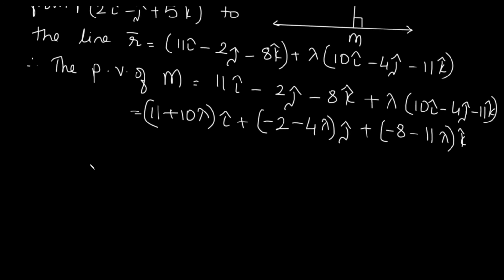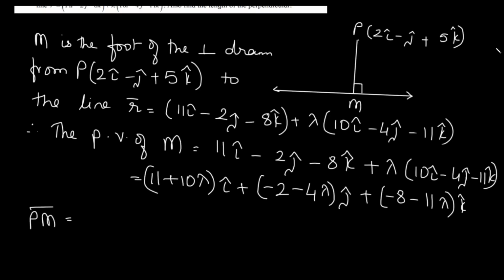Now we have vector PM. Let us see the figure once again. You know that the position vector of PM bar would be M bar minus P bar. So the position vector of M minus the position vector of P, which would be given by subtracting these two terms.